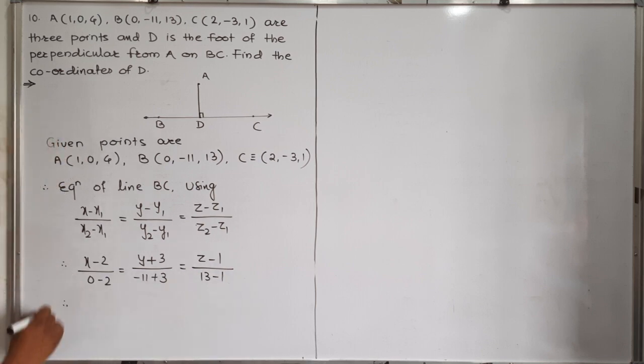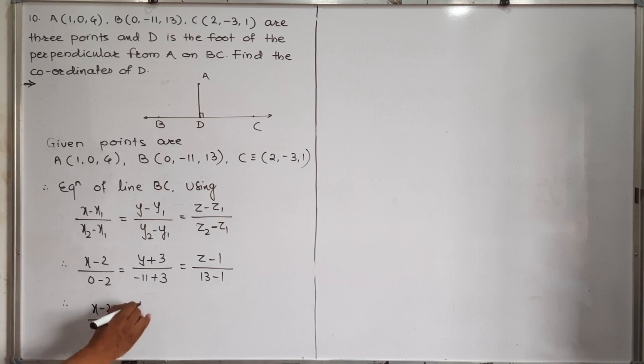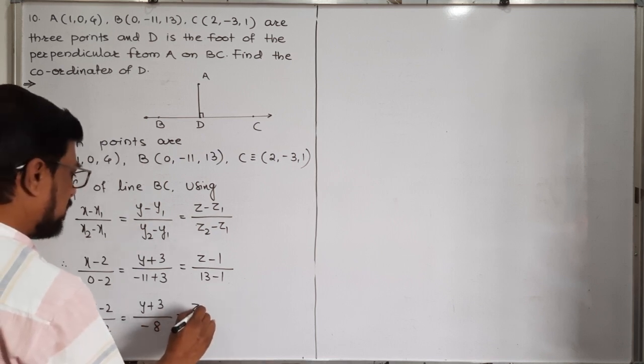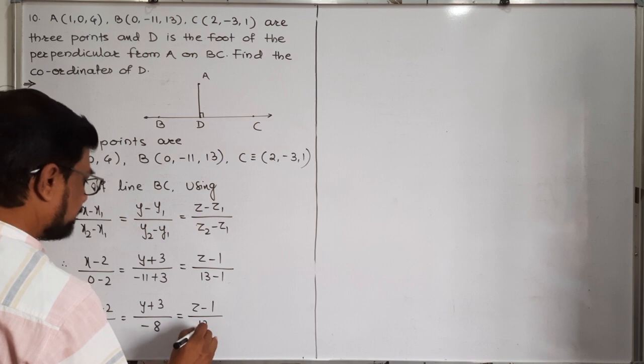Therefore, we can say that x minus 2 upon minus 2 is equal to y plus 3 upon minus 8 is equal to z minus 1 upon 12.